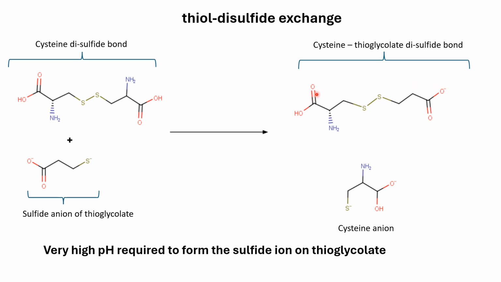So what we see is our cysteine unit here, and then we've got our thioglycolate there, and that's freed up our cysteine. So it's literally going onto the hair, attaching to the hair, and it's breaking up the hair structure, because instead of being bonded keratin to keratin, it's been bonded keratin to thioglycolate.